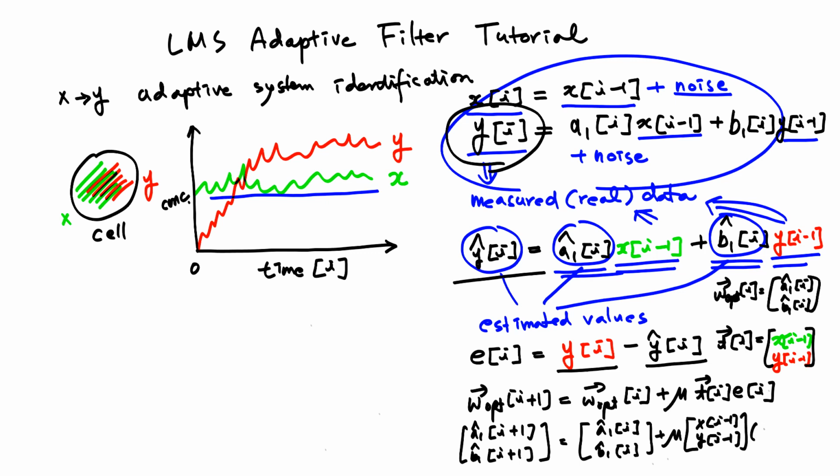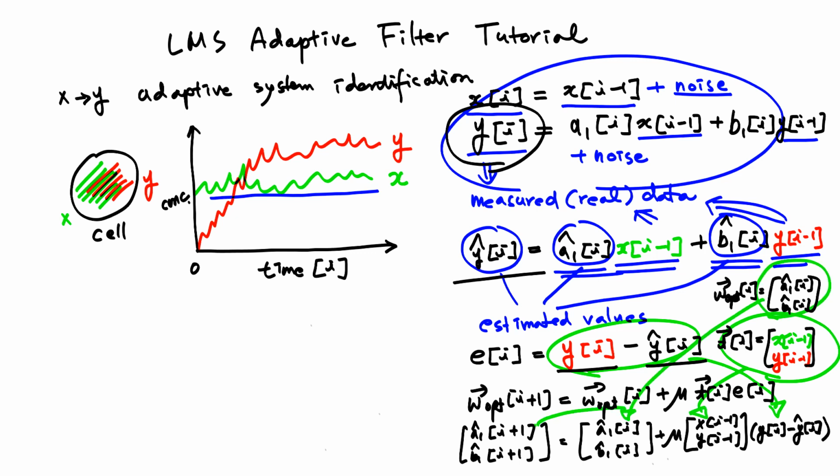And this e of i is y of i minus y of i hat. So this goes here, and this goes here, and this one goes here, and also here.